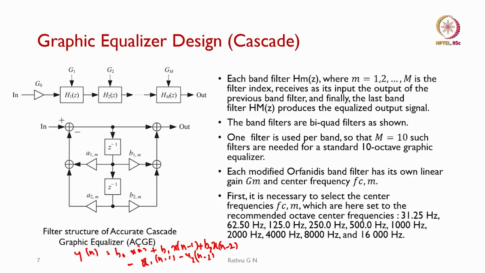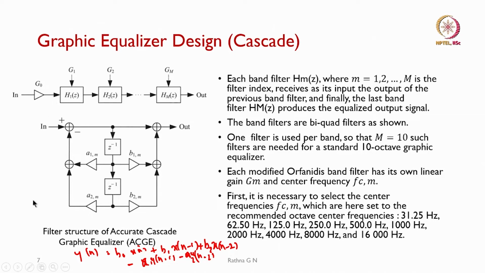Sorry, this is A1 and this is A2, A1 into y of n minus 1, A2 into y of n minus 2. So, this is the equation that we have for the biquad section. A1 and A2 are the coefficients for the poles, and B0, B1, B2 are for the zeros. So, this is our biquad equation, which is written in this way, and then z minus 1 in the z domain is the delay which is provided for x and for our y that we see. Right.